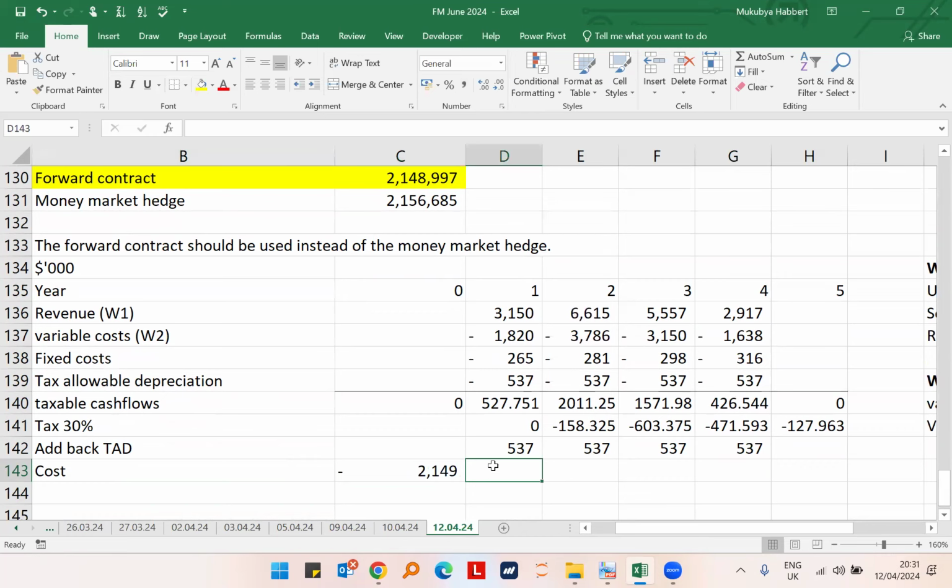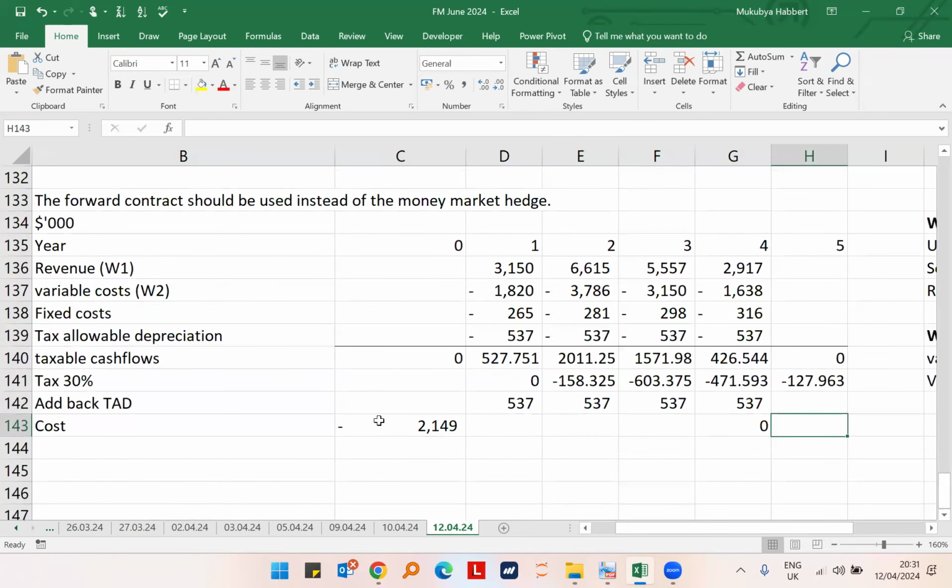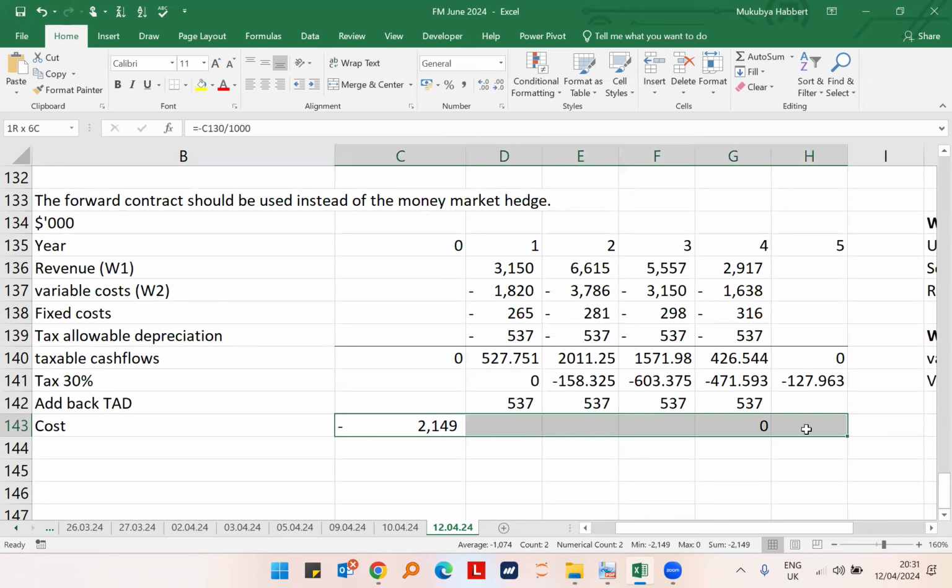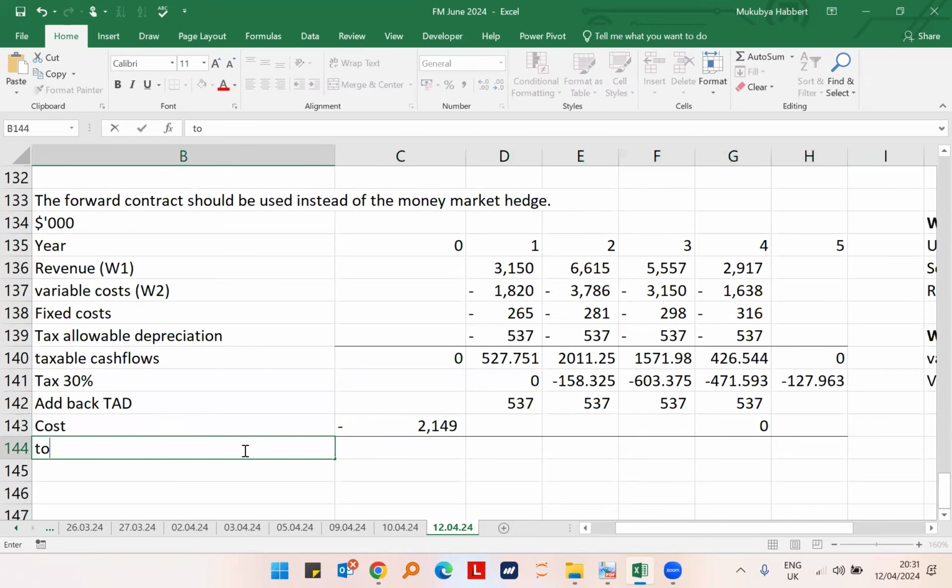That is our cost. And there is no scrap. So you can put there 0 just to remember that there's no scrap. So is there anyone who could not reach this point? Because from here, we just get our total cash flows.